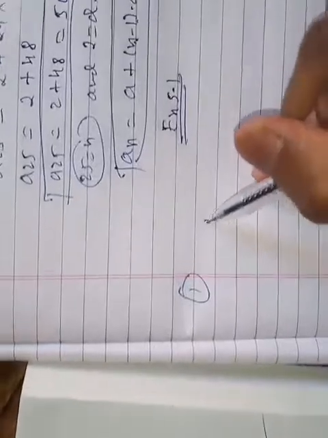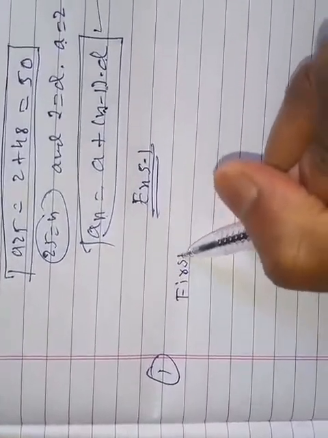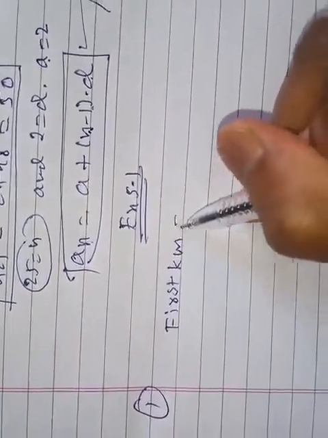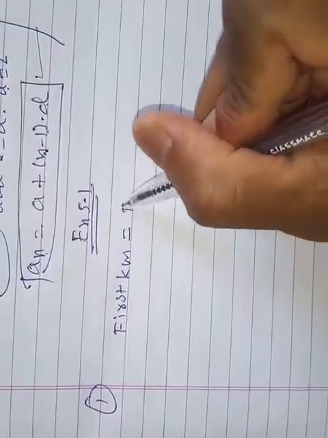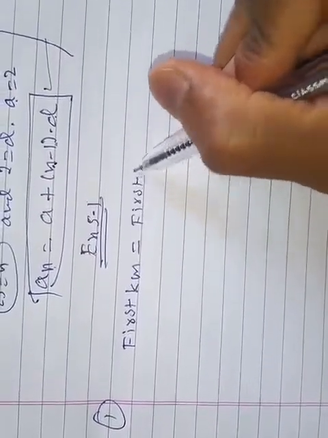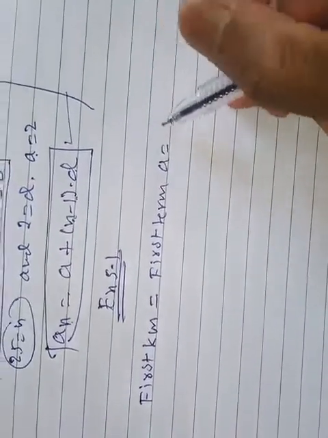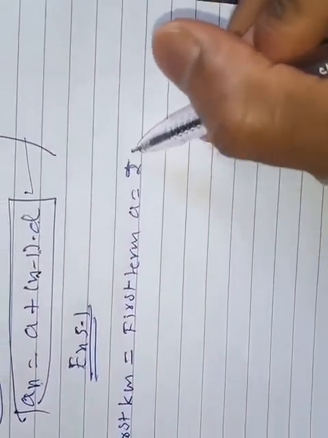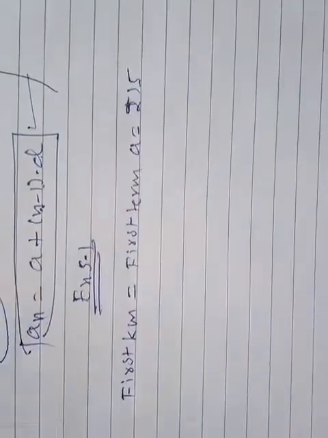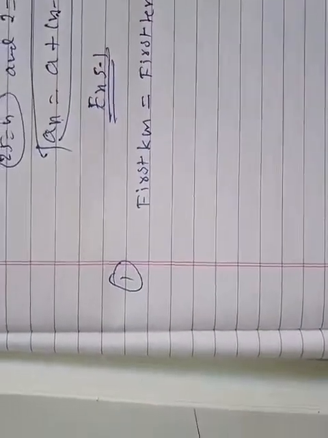So what does the first kilometer represent? The first kilometer represents here your first term A, which is rupees 15, and 8 rupees for each additional kilometer.